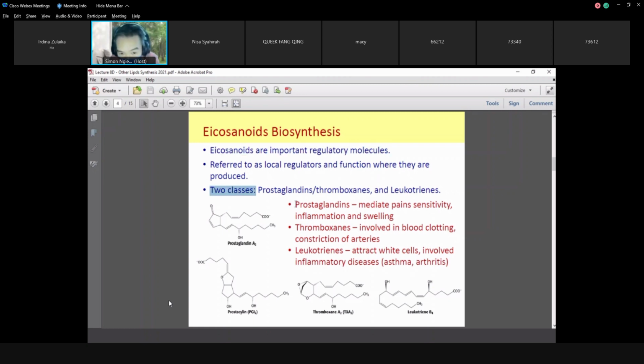Mainly you have prostaglandin and thromboxane, which are from the same class. And the second class you have leukotriene. Prostaglandin and thromboxanes are normally those that are produced when you have certain injury, for example when someone accidentally falls down, and the knee is suddenly scratched on some rocks and then bleeding on the knee.